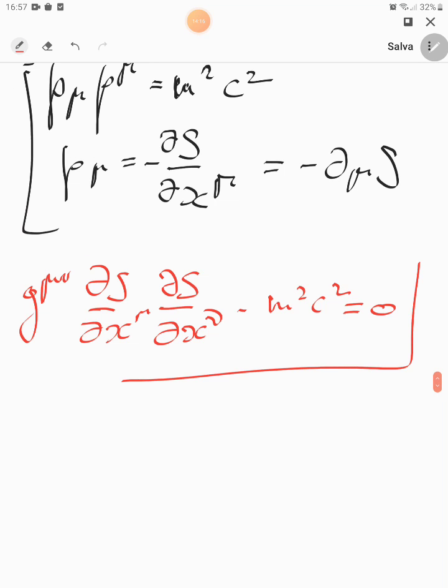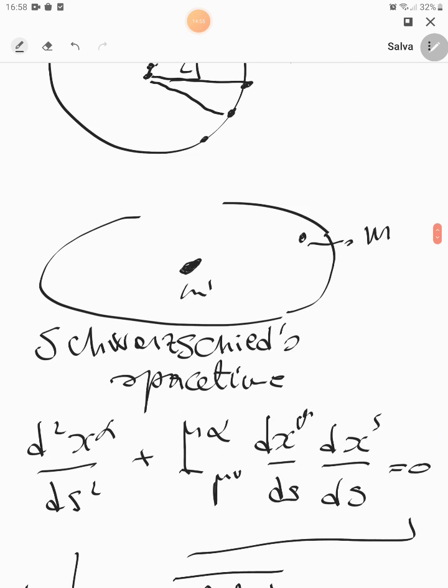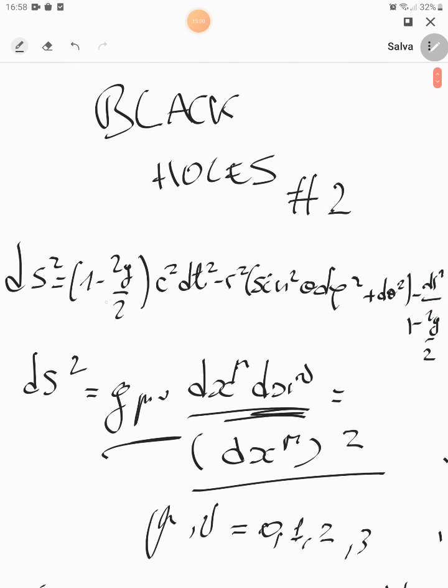The metric tensor g mu nu, with mu and nu different, is equal to 0, and the other components are, firstly, g00 equal to 1 minus r_g over r, where r_g is the Schwarzschild radius.